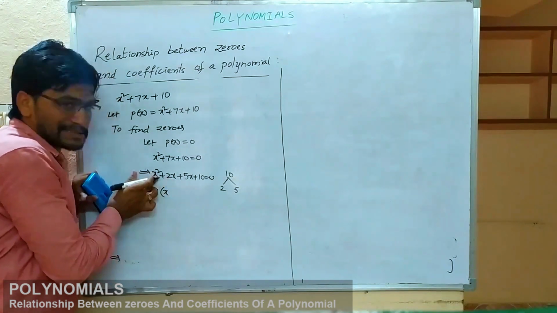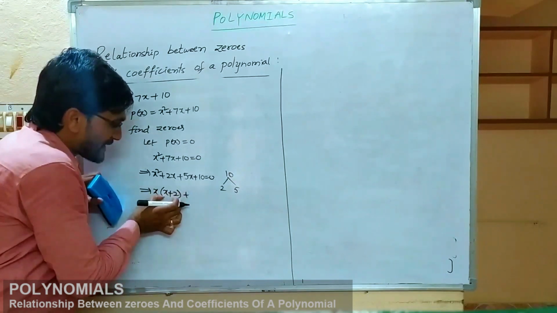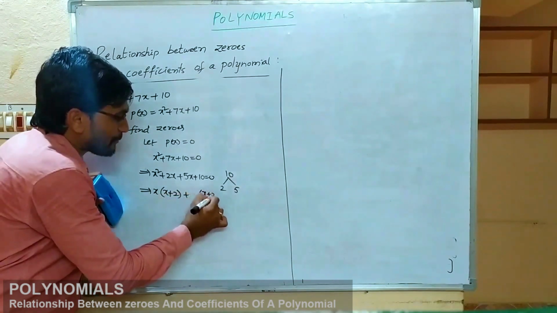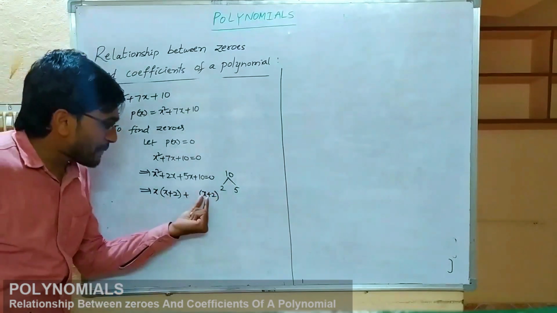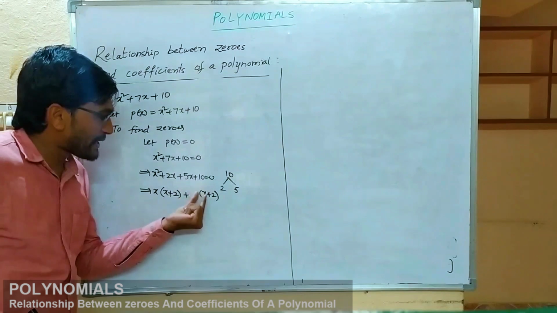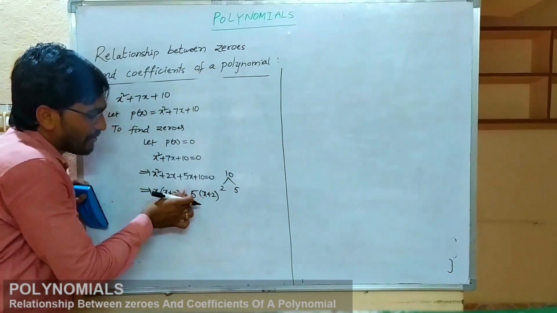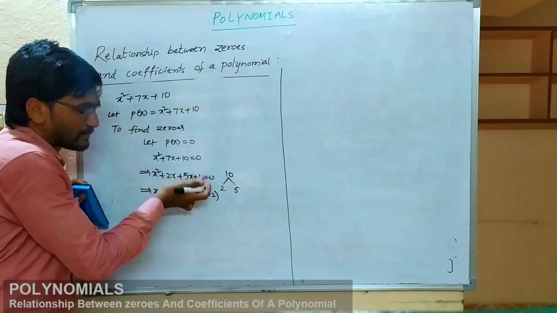Then the remaining is x plus 2. By multiplying x by 5 we get 5x, so write 5 here: 5 into x is 5x, 5 into 2 is 10.